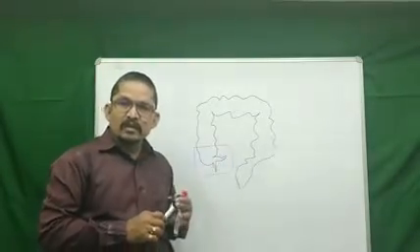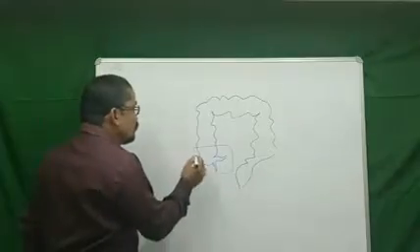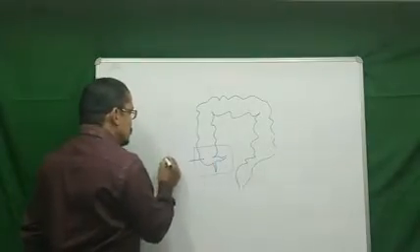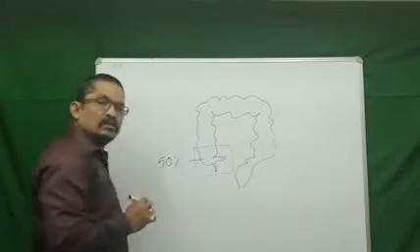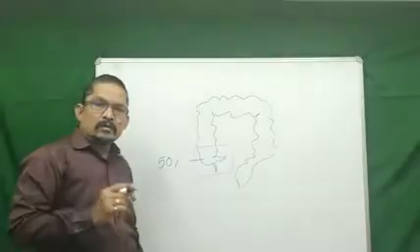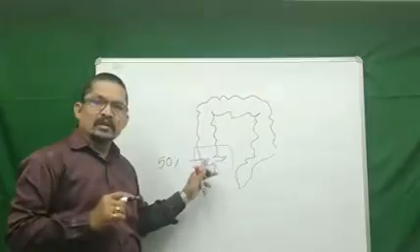It seems that near about 50% of Crohn's disease affects the terminal ileum or ileocecal junction.